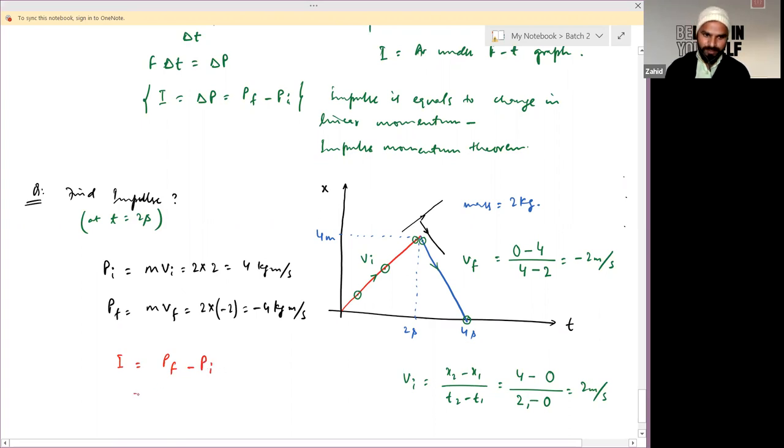If you put in the values, P final is -4 and P initial is +4, so you will get minus 8 Newton second. Sabita, is it clear? Yes, sir. Okay, just write it down.